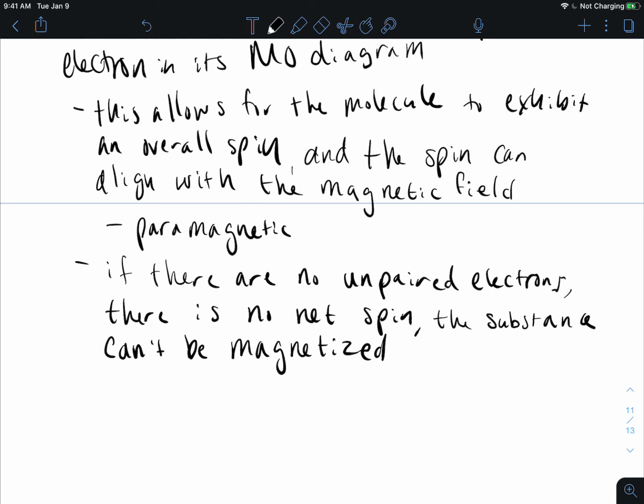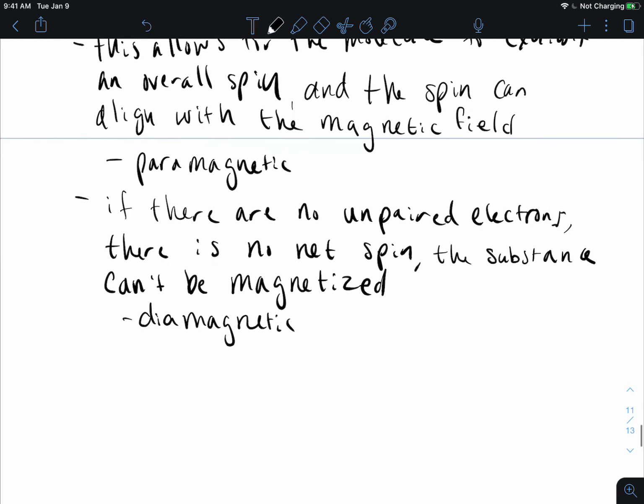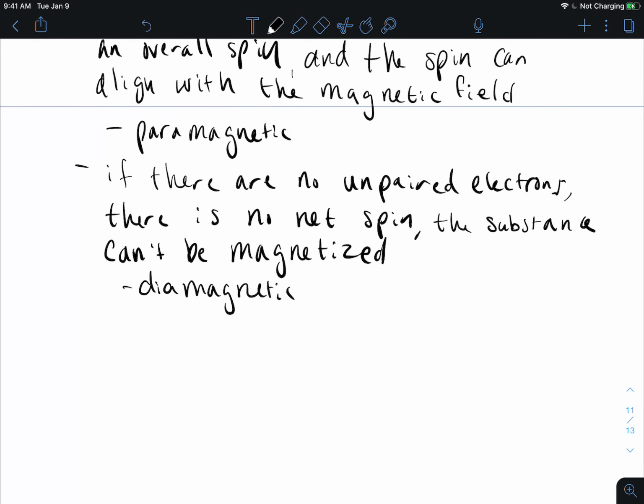We call this diamagnetic. And there are several of our period 2 diatomics that are, in fact, paramagnetic, and we'll look at one of them. But let's look at what happens when we have a paramagnetic and a diamagnetic material and we introduce it to a magnetic field.